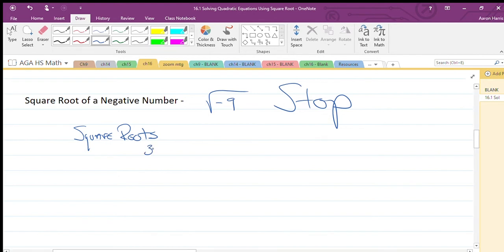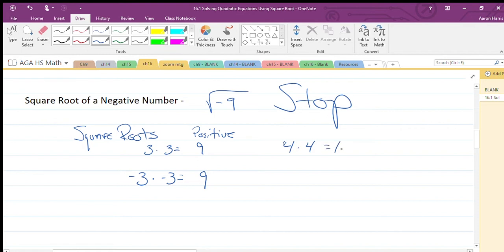So 3 times 3 is what? 9. Notice that if I multiply two exact numbers, I will always get a what? Positive number. You're like, no, yes. -3 times -3 is what? Positive 9. 4 times 4, will a positive times a positive ever result in a negative number?